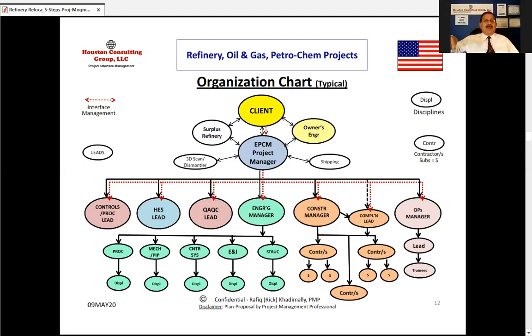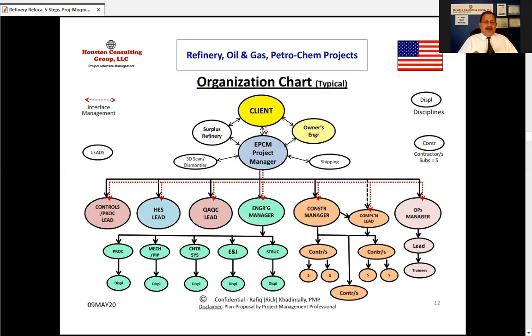My role is a consulting role, interface management, owner's engineer, client's engineer, from cradle to grave, A to Z. I'm there all when the project starts until it is running, and even beyond if the client would like to keep me with themselves.